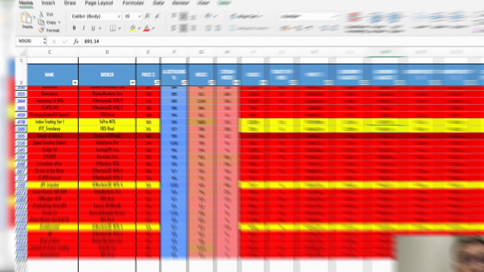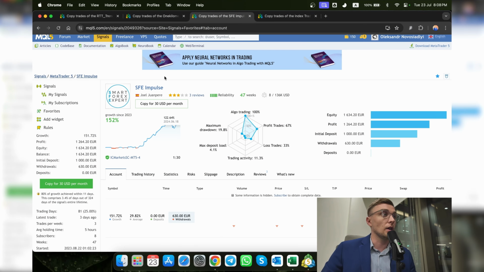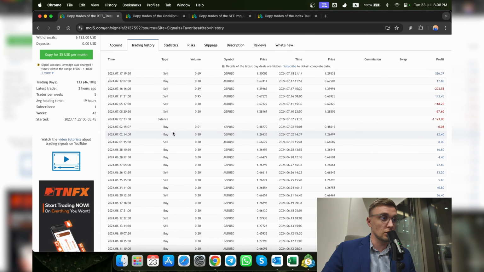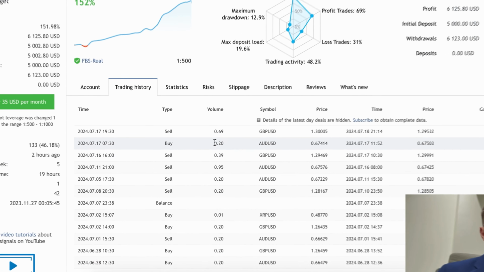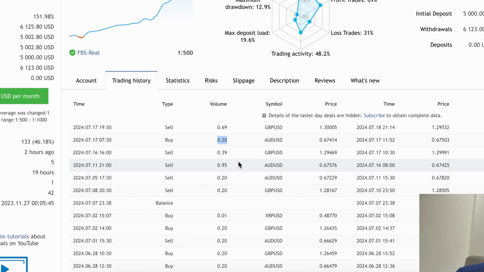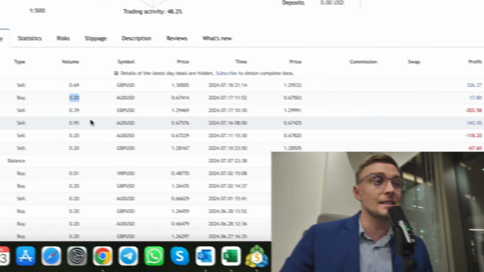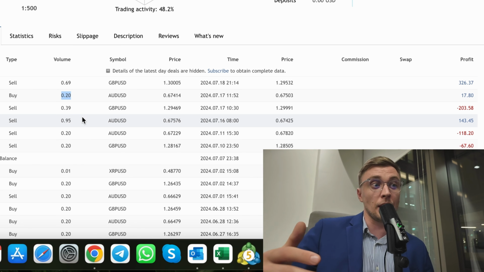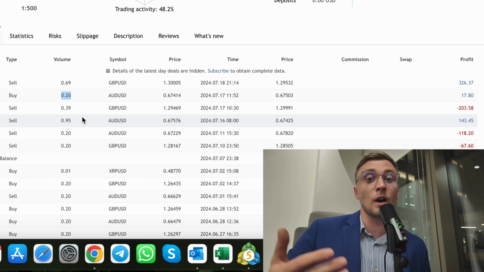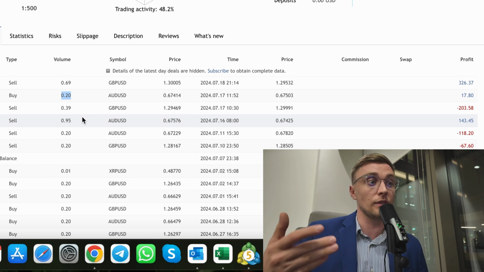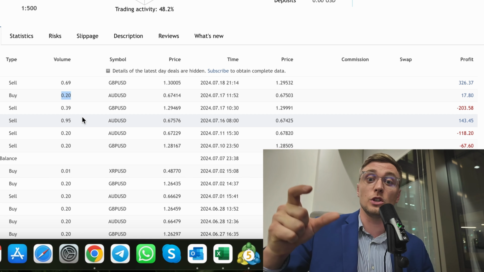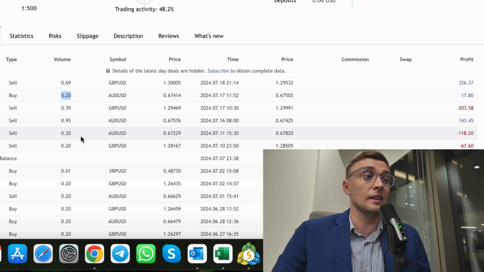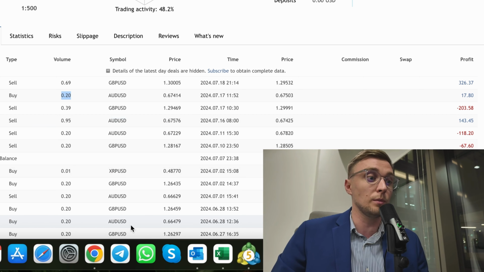What we can do, we can go to his trading history, and as we can see, his starting volume is 0.2, so we can easily start trading with, let's say, 0.4, by dividing the maximum risk by 5 times, because if we trade with a trading volume 5 times lower, our maximum risk automatically will be 5 times less.